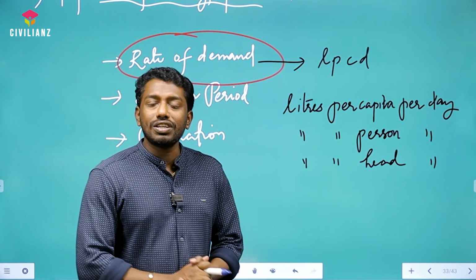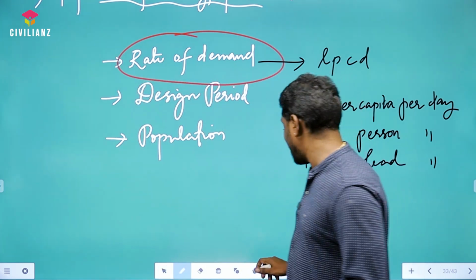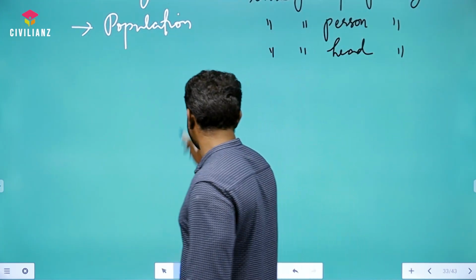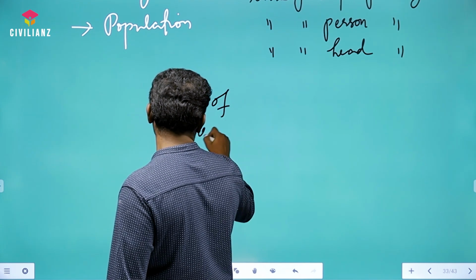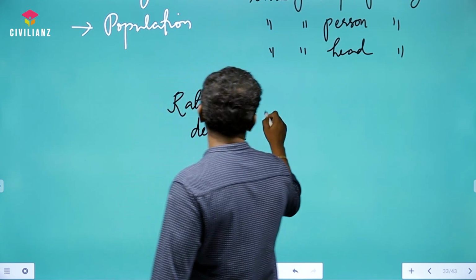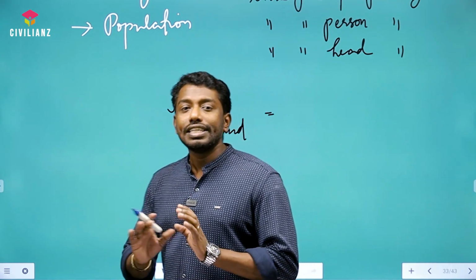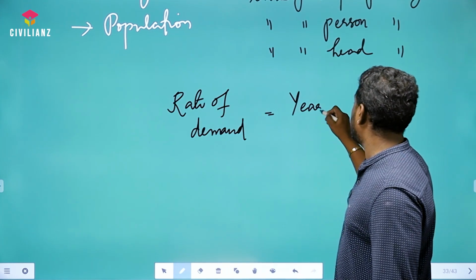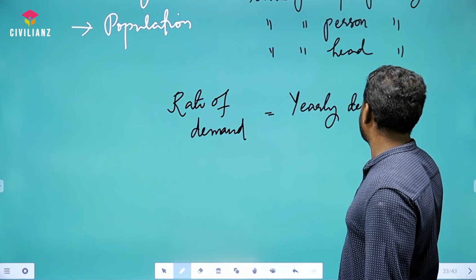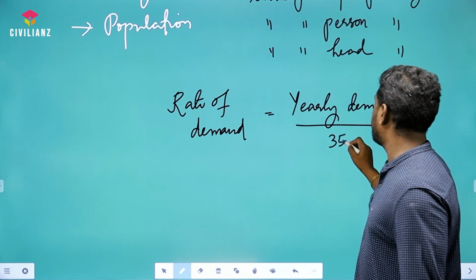And how is rate of demand calculated? First we calculate yearly demand. Then we have to divide it by 365.